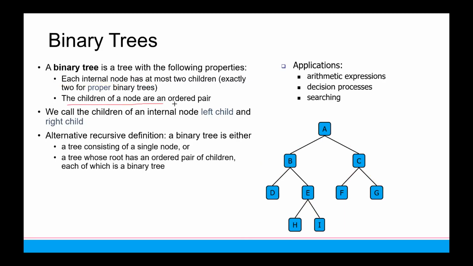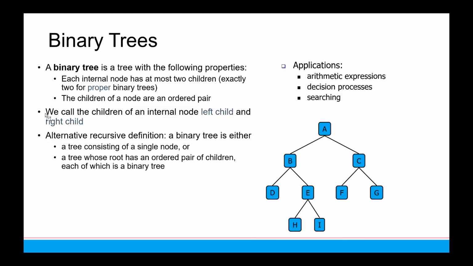The children of a node are an ordered pair. Ordered pair means, for this one, D and then E. For this one, F and then G. We call the children of an internal node the left child and the right child. So this is the left child and this is the right child.